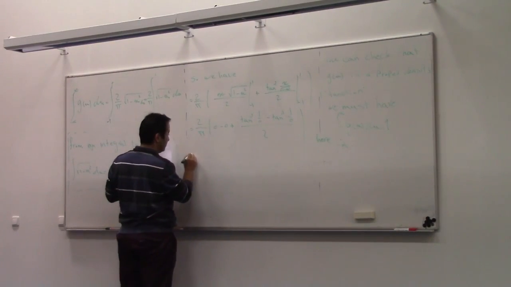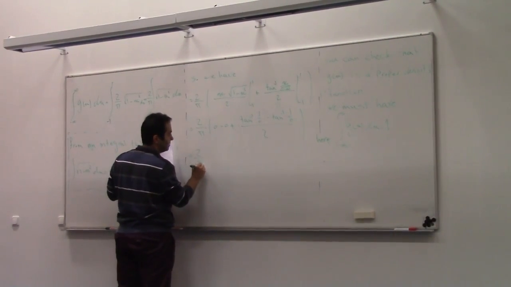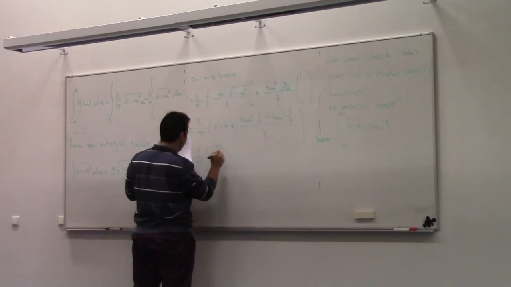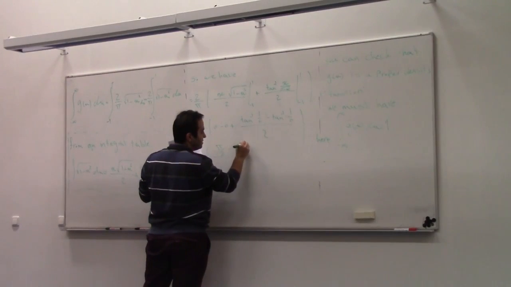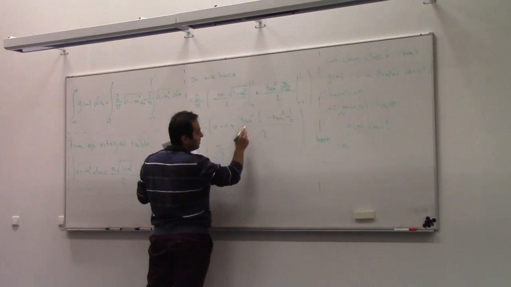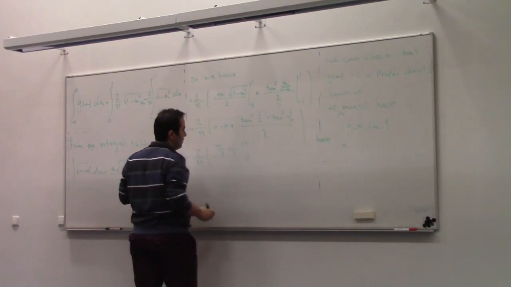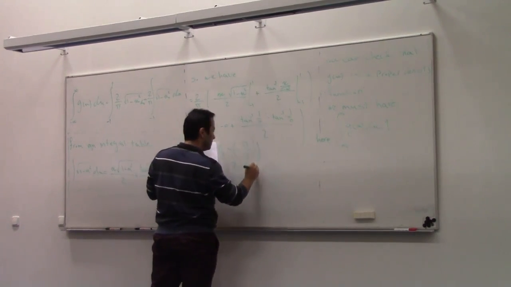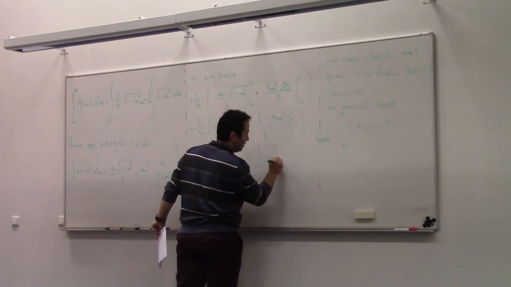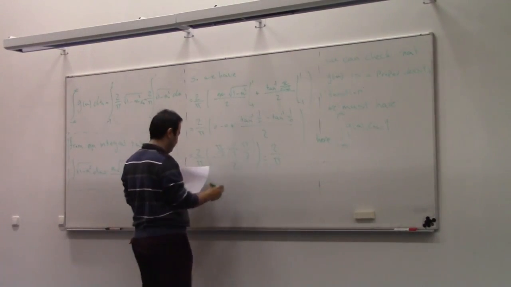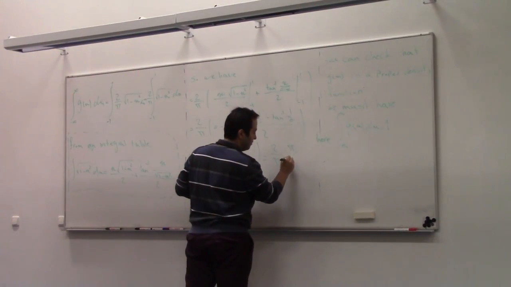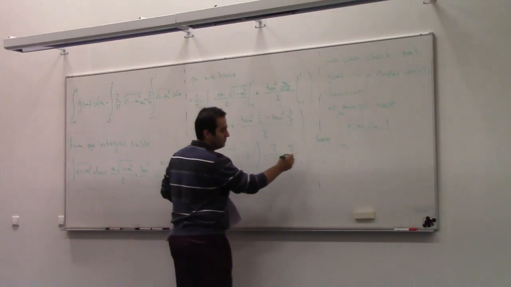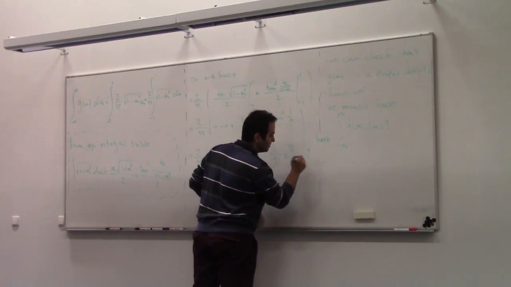Then we can write pi over 2 minus minus pi over 2, because we know that the tangent inverse of infinity is equal to pi over 2. Then it's equal to 2 over pi times pi. Then we can easily see that the result is equal to 1.